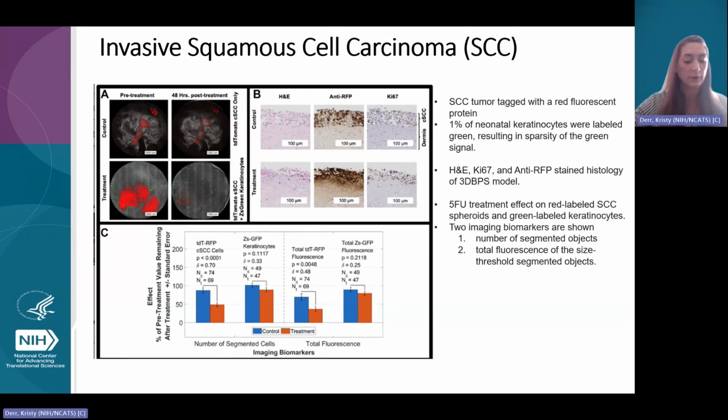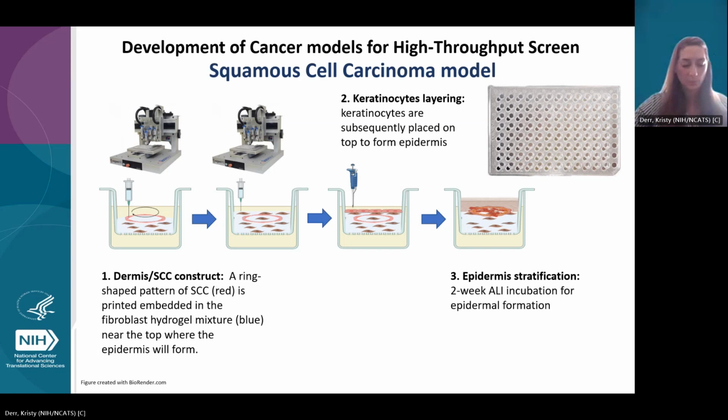And 3, we created imaging biomarkers to quantify therapeutic effect in our system. And lastly, we pharmacologically validated our assay by demonstrating different effects of 5-FU on SCC cells versus normal keratinocytes.